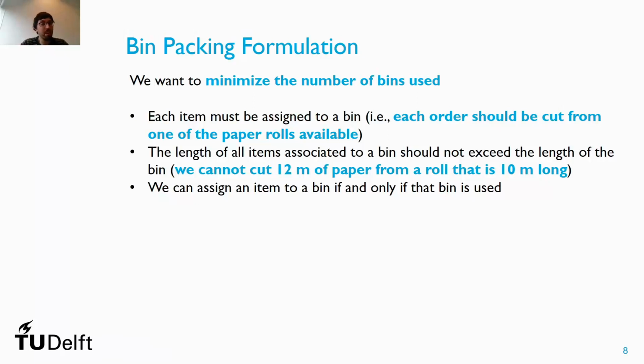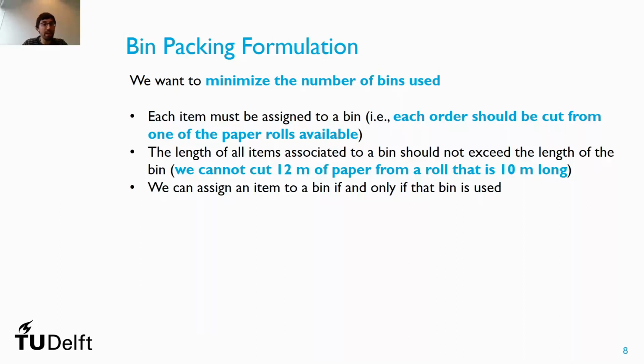We want to minimize the number of used bins, and we do so by requiring that each item must be assigned to exactly 1 bin, and the length of all items associated to a bin should not exceed the length of the bin. Again, I'm using bin and roll interchangeably. Bin is more general, roll is more specific for the example. And the third constraint is we can assign an item to a bin if and only if that bin is used in the first place.